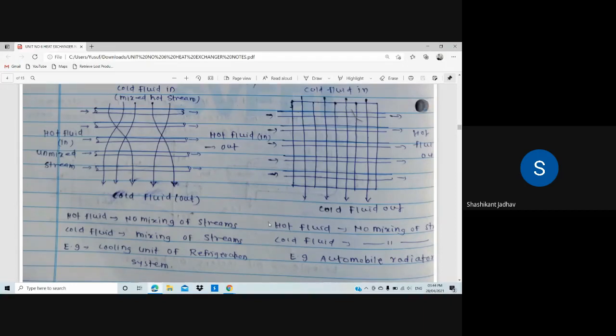Okay, has anyone put a message in the chat box? Diagrams are over.